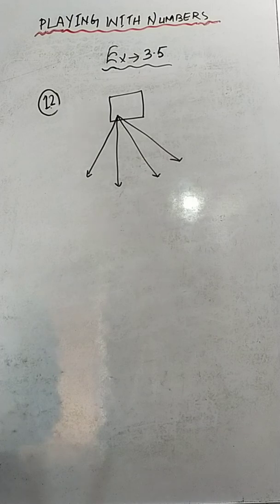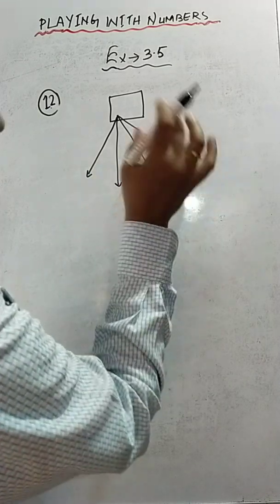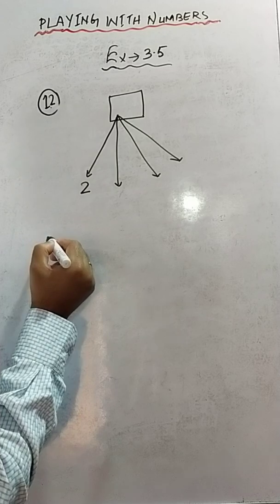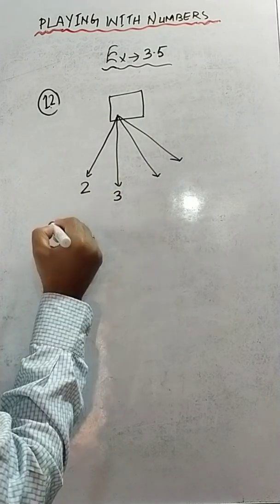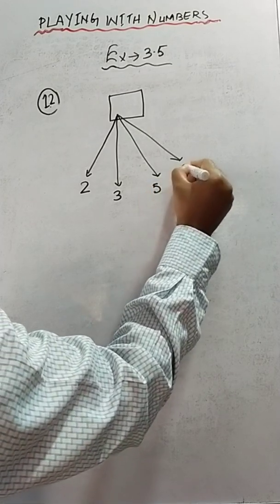So what we have to do? The first thing, we have to see which are the first 4 prime numbers. So what is the first prime number, students? It is 2. What is the next prime number? 3. What is the next prime number after 3? It is 5 and then 7.